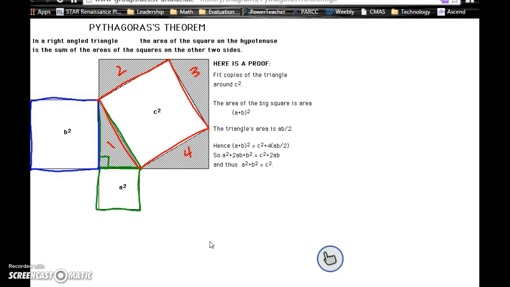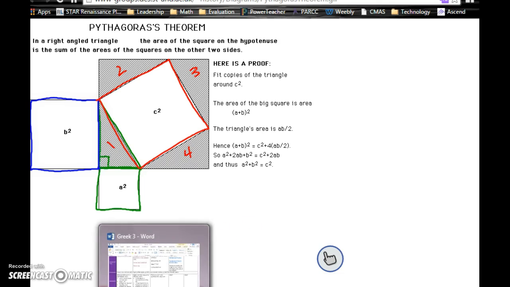It turns out that if you placed 1 and 2 in part of 3, triangle 3, you would take up all of b. And if you cut up 4, you could get a squared. All right, so just another visual. We'll be cutting that out in class in a little while.